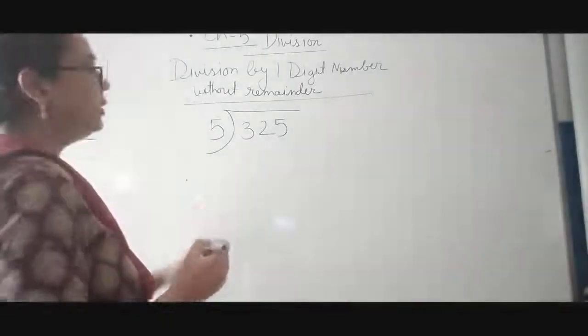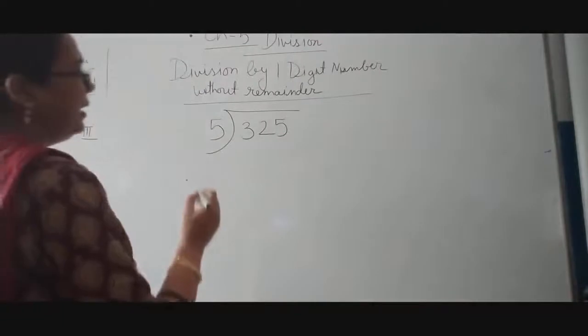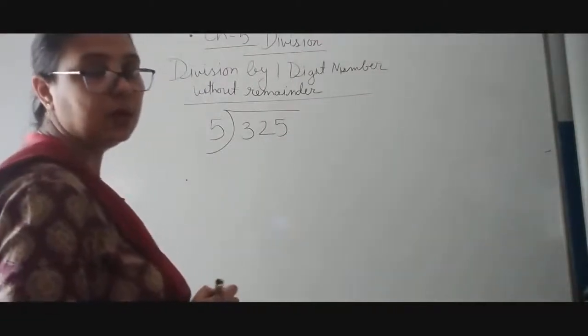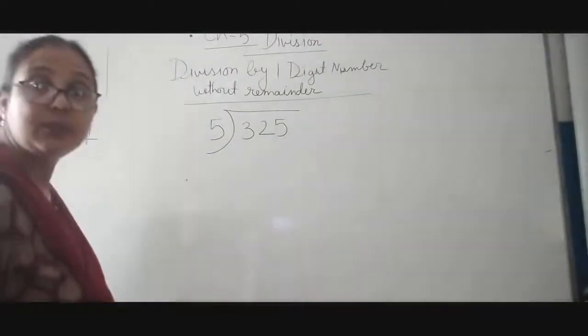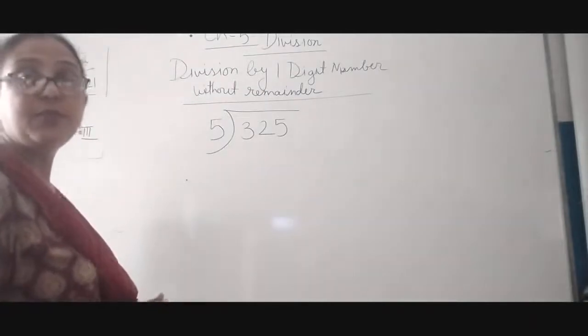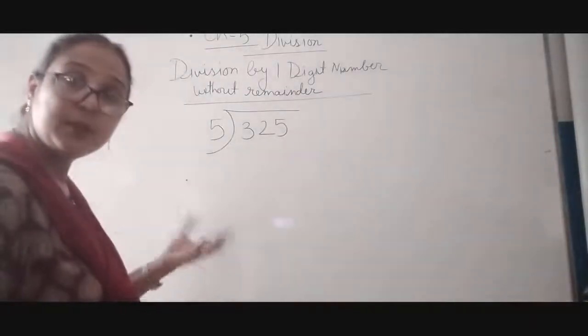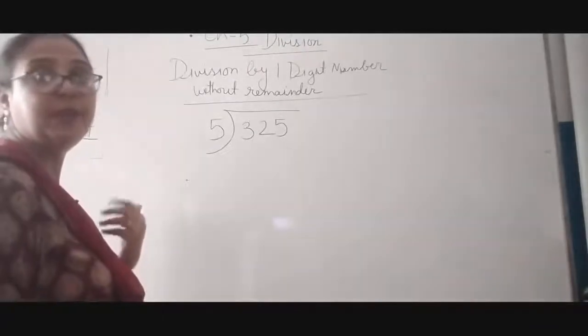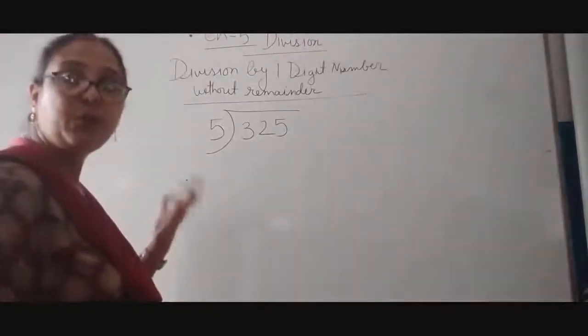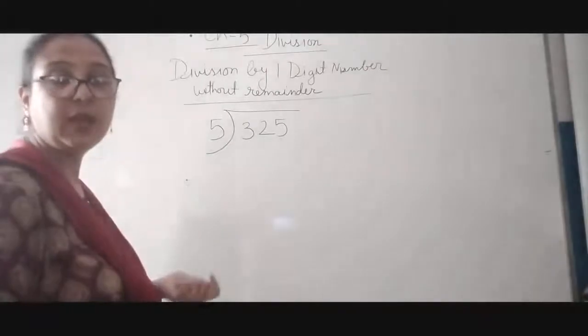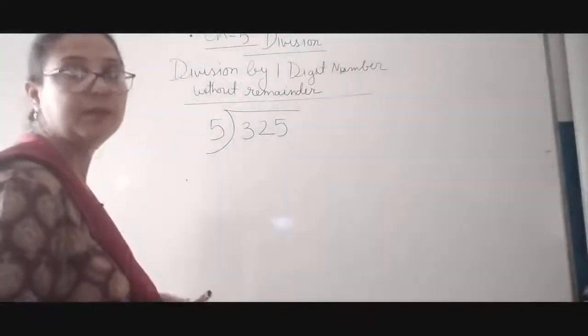Let's learn today. 5 ones are 5, 5 twos are 10, 5 threes are 15, 5 fours are 20, 5 fives are 25, 5 sixes are 30.